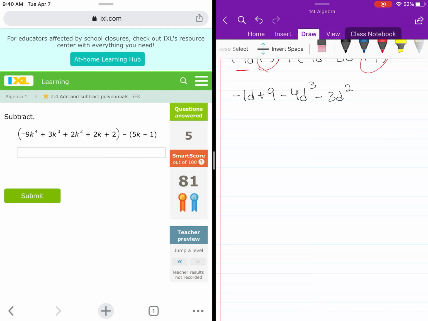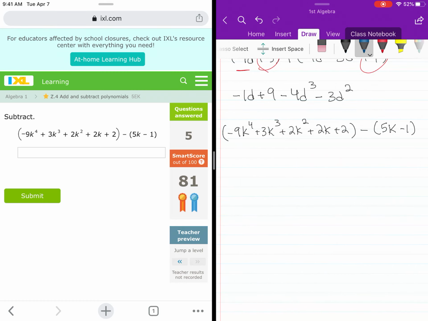So if you notice here, same thing you're doing, but there's a lot of different exponents. So on this one, we have negative 9k4 plus 3k3 plus 2k2 plus 2k plus 2 minus 5k minus 1.